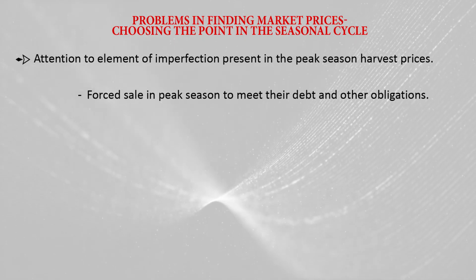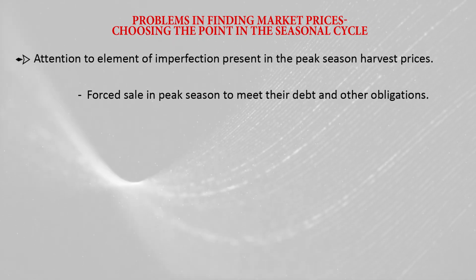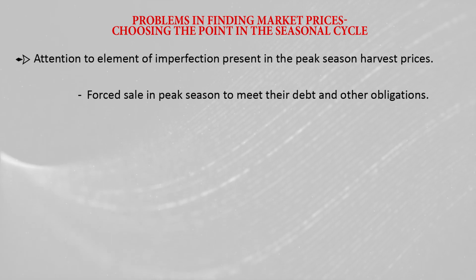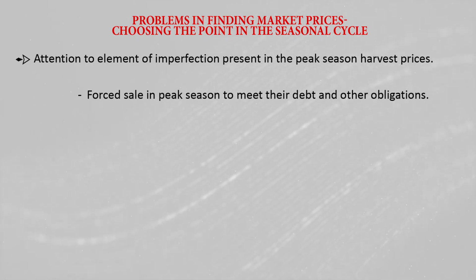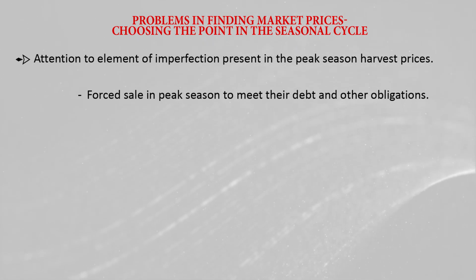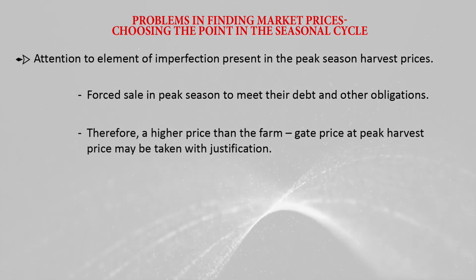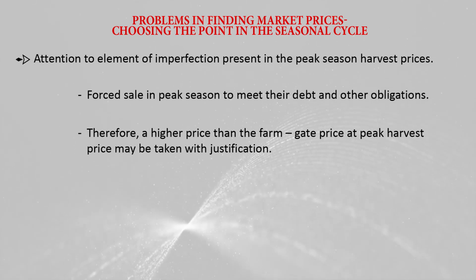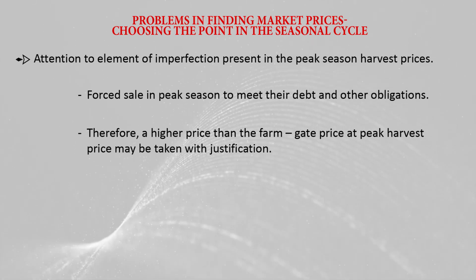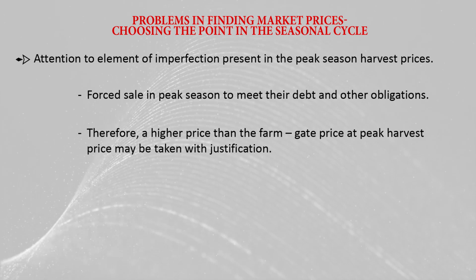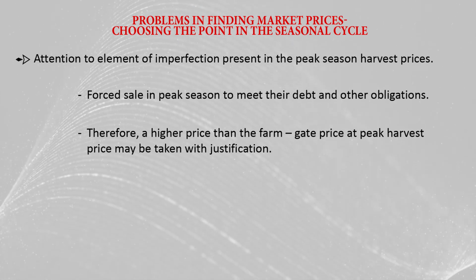So we need to consider this imperfection in the market while estimating the cost and benefit of the project, and therefore a higher price than the farm gate price at peak harvest we may give with proper justification.